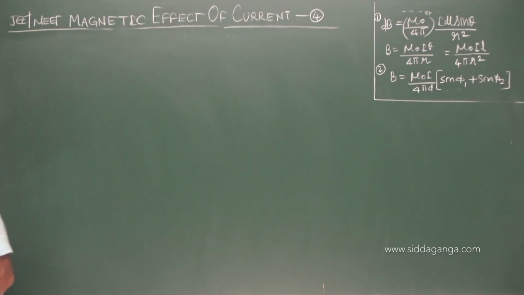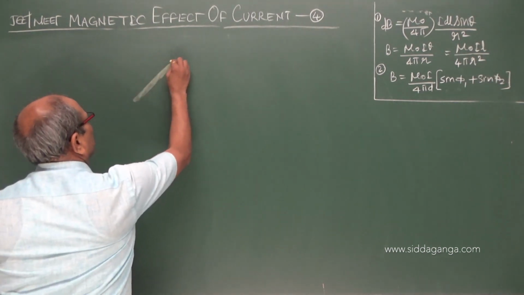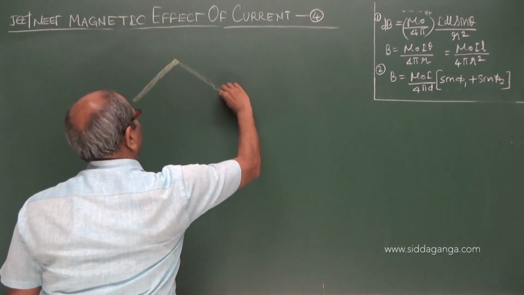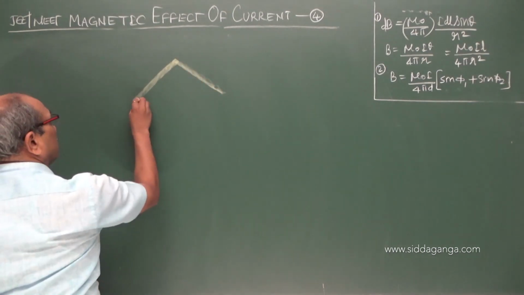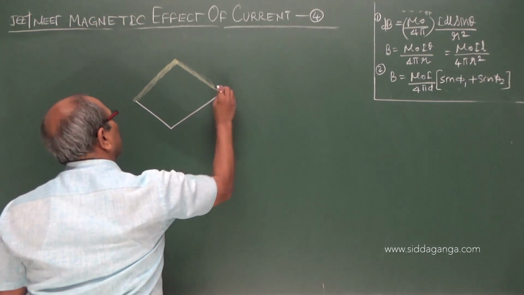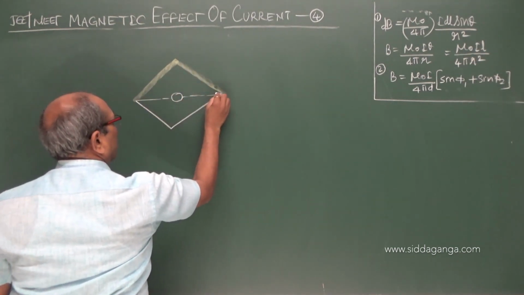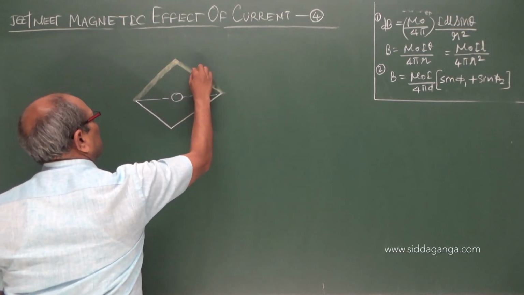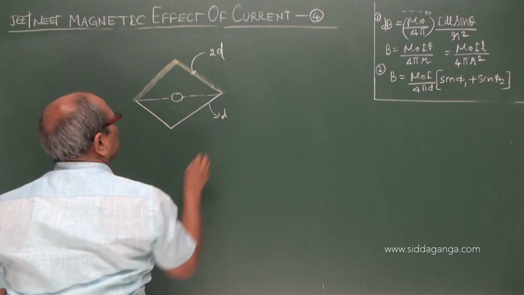You are given two wires of different thickness, though the material may be the same. This one has thickness 2d and this one has thickness d.